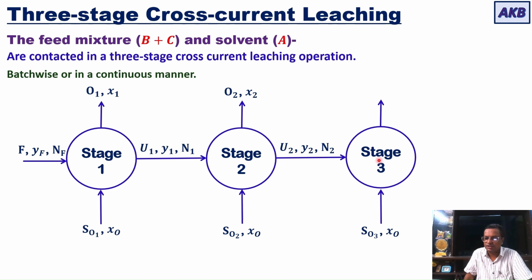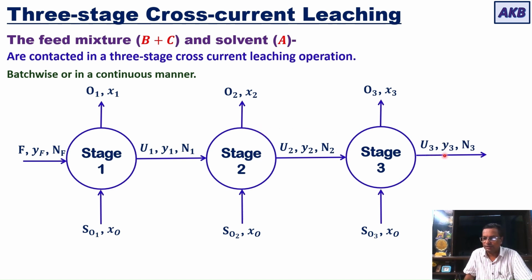Finally, stage number 3 will produce an overflow and also an underflow. So in this way, a 3-stage cross current operation is carried out. Now, our next task is to know what the notations are that I have used in this discussion. So let us understand what these notations are.